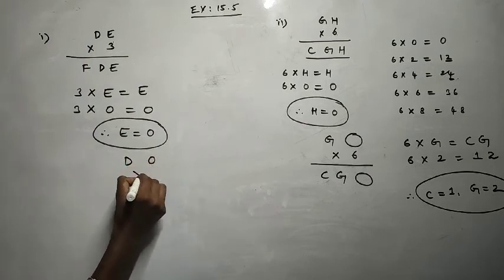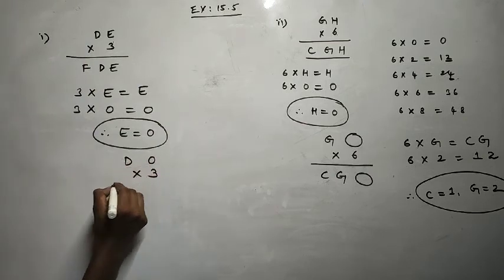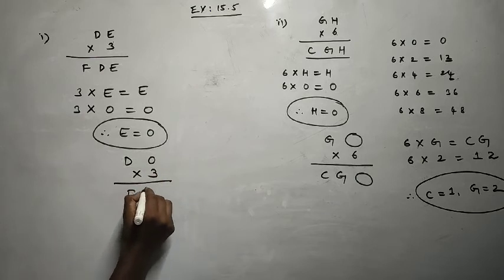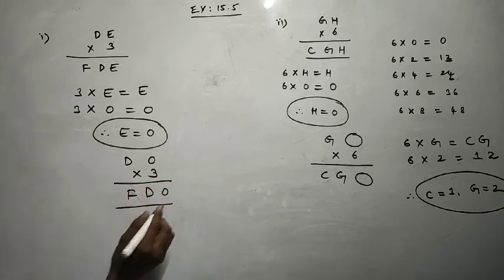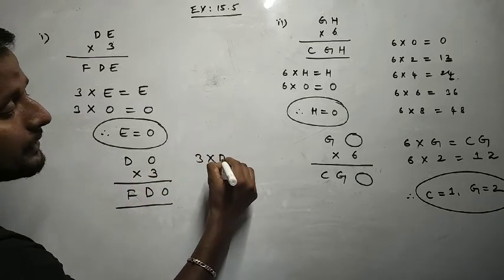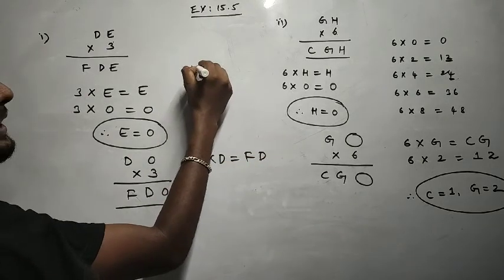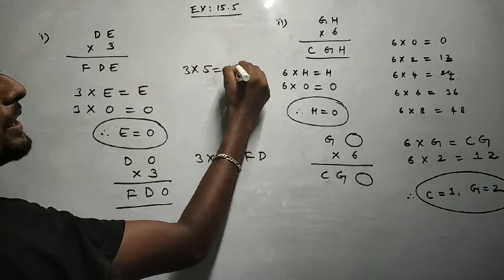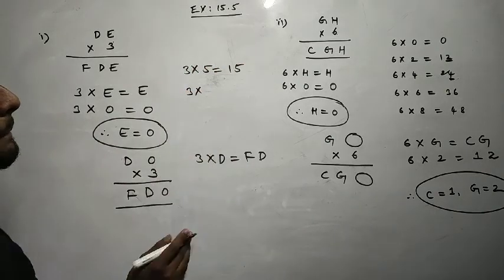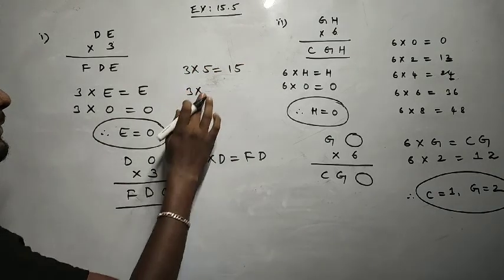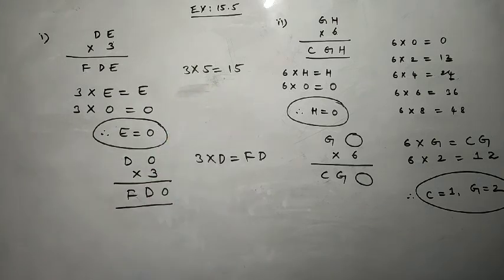Next, D0 into 3 is FD0. Simple, so 3 into D is equal to FD. 3 fives are 15, 3 sixes are 18, no; 3 sevens are 21, no; 3 eights are 24, no; nothing.